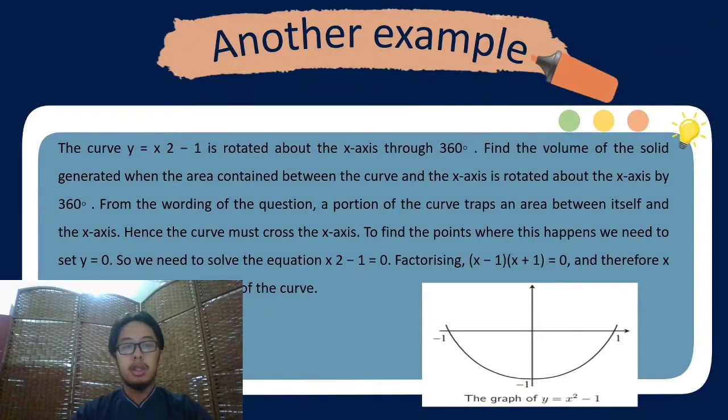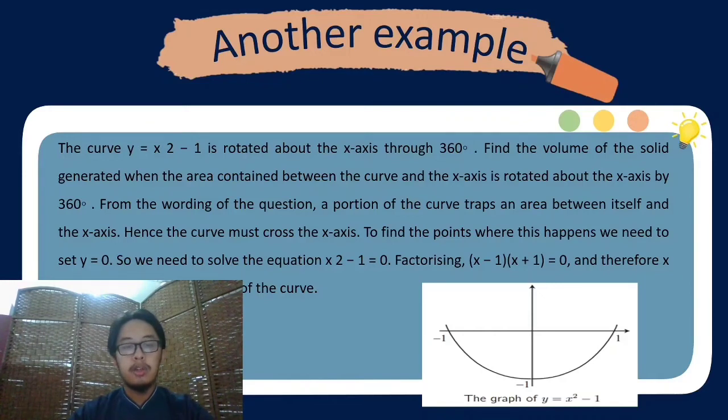Another example: the curve y equals x squared minus 1 is rotated about the x-axis through 360 degrees. Find the volume of the solid generated when the area contained between the curve and the x-axis is rotated about the x-axis by 360 degrees. From the wording of the question, a portion of the curve traps an area between itself and the x-axis.